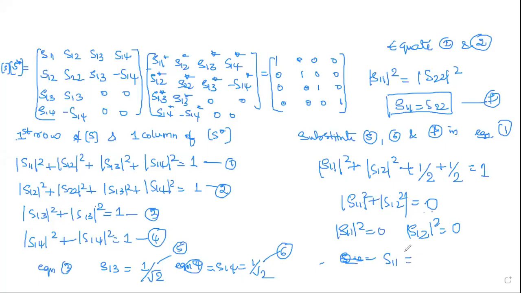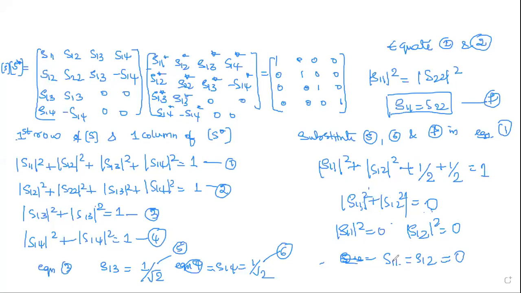This equation will have only one solution, that both of them must be 0. So S11 will be equal to S12, which is also equal to 0.